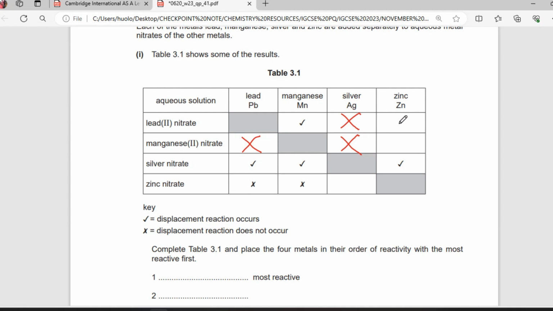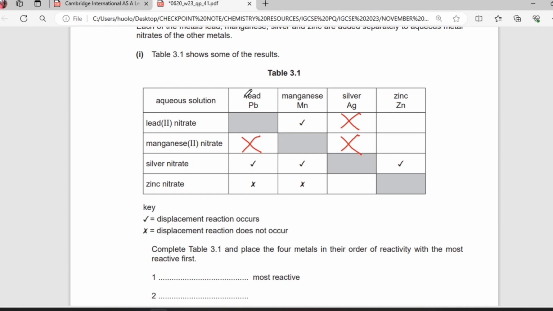Okay, so let's look at what's happening with zinc. If you put zinc in lead nitrate, will a reaction take place? First of all, let's look at this area.